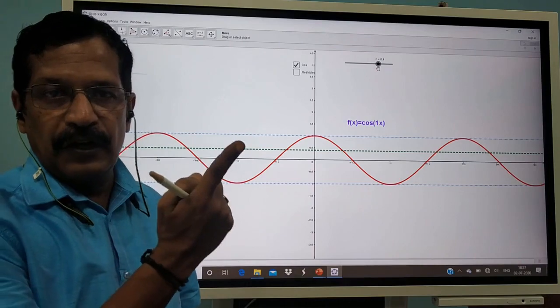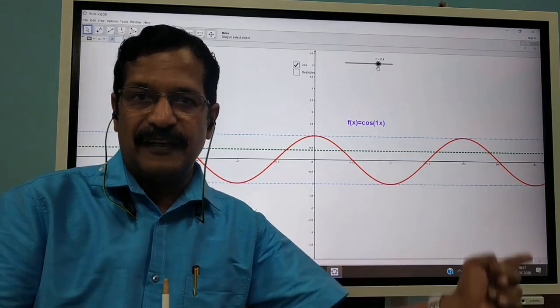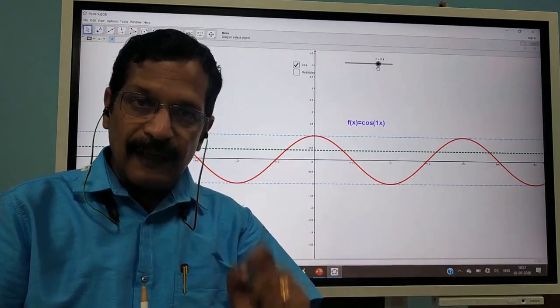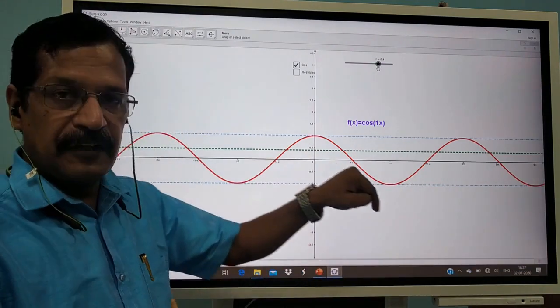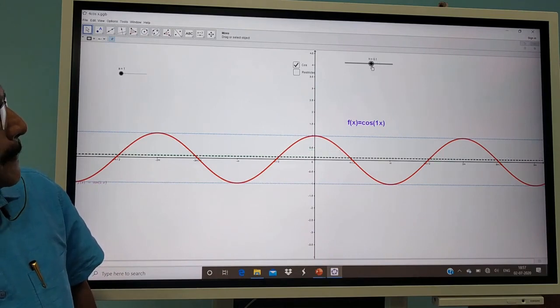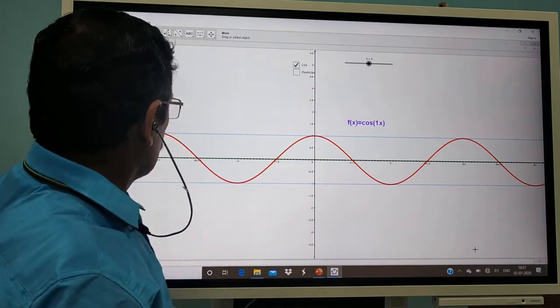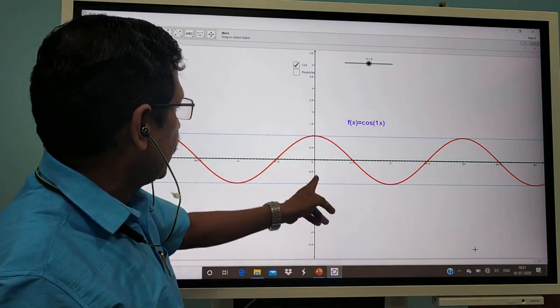How to make this one-one and onto? Just like in the sine inverse case, we have to restrict the domain. How to restrict the domain? Let us see. Now the cosine function takes values between -1 and +1.